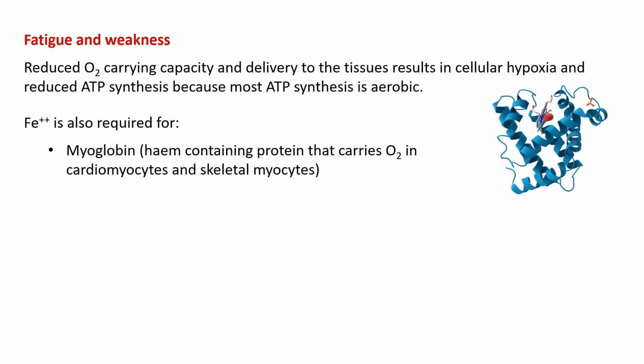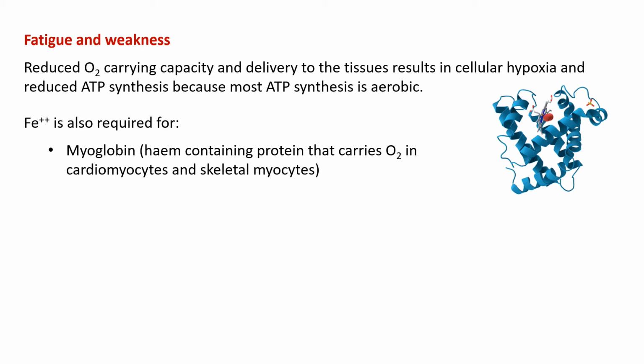Other issues, though, in terms of iron itself: in iron deficiency, iron is required for myoglobin. Myoglobin is our hemoglobin equivalent that we find in cardiomyocytes and skeletal myocytes. So both cardiomyocytes and skeletal myocytes are going to have a degree of cellular hypoxia too.